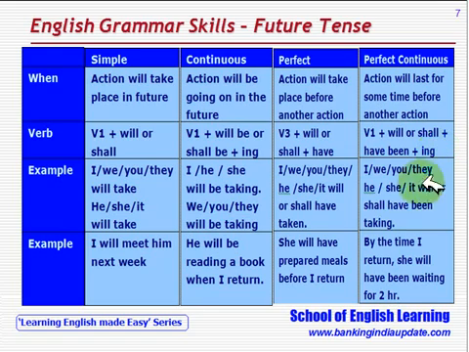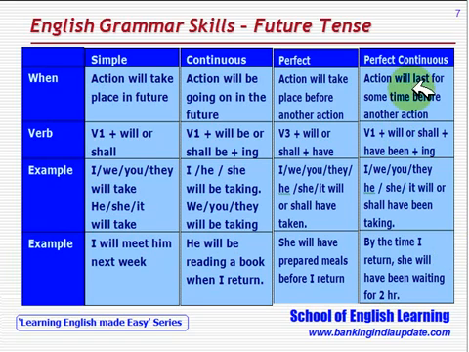For example, I will have been taking, we will have been taking, you will have been taking, they will have been taking, she will have been taking, he will have been taking, it will have been taking. Another example, by the time I return, she will have been waiting for 2 hours.